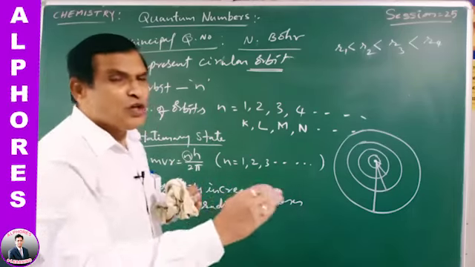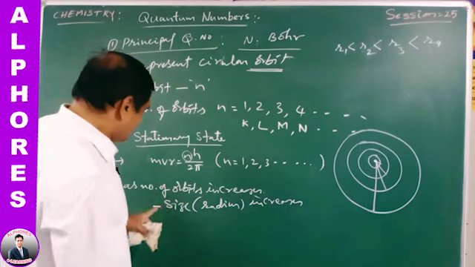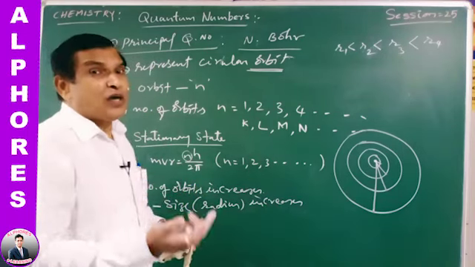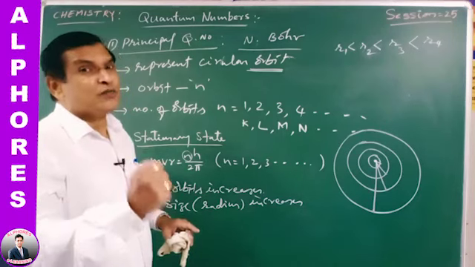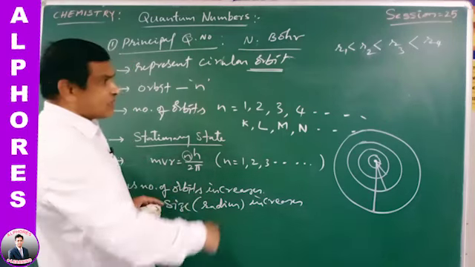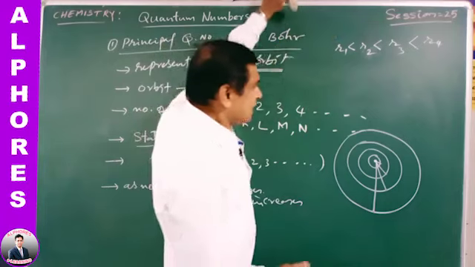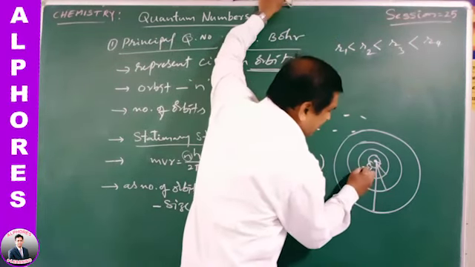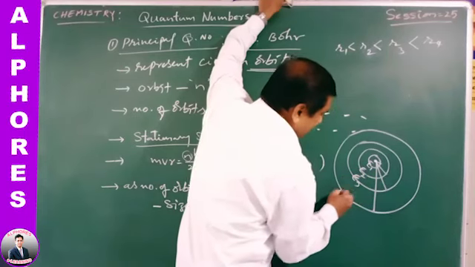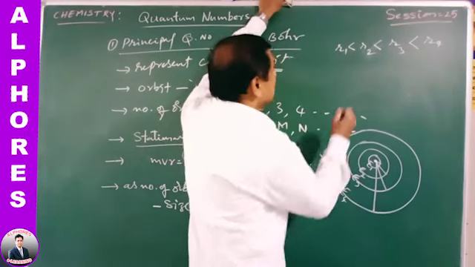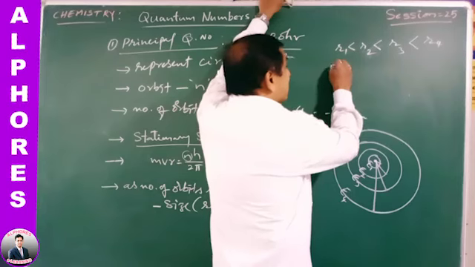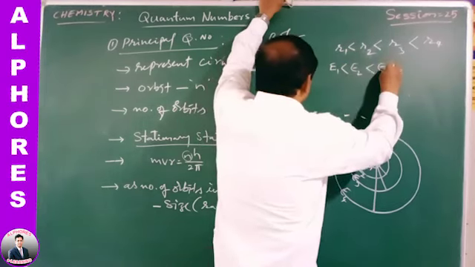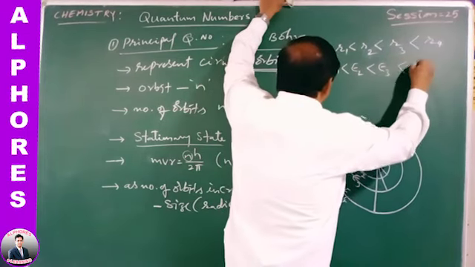Means the size of the orbit increases, and the energy of the orbit, or rather the energy of the electron, also increases. That means energy of the first orbit E1 is less than second orbit E2, less than third orbit E3, less than fourth orbit E4.